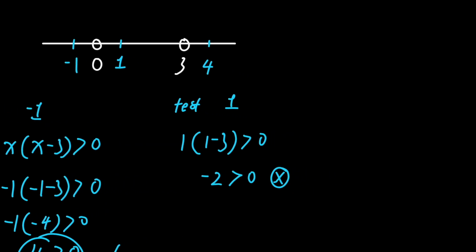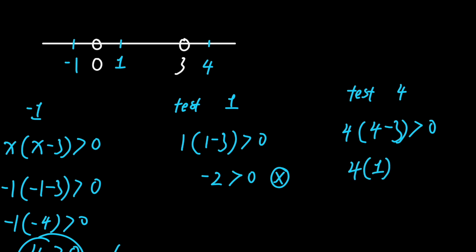For this third one, test 4. So 4 times 4 minus 3 greater than 0. So 4 times 1, and obviously it is true. So 4 is greater than 0.